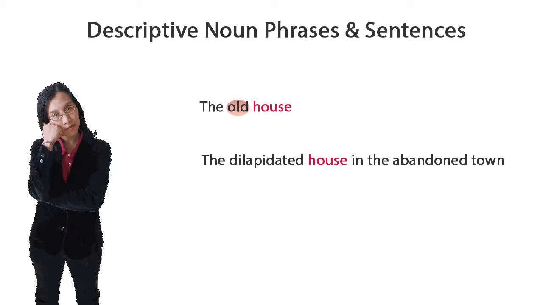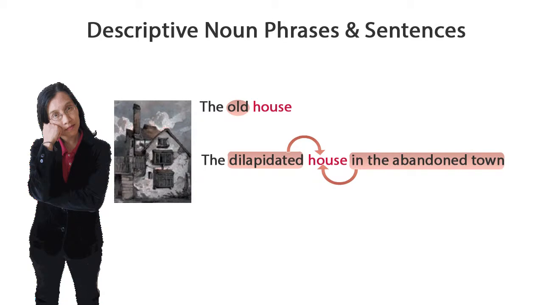As you can see, the writer changed the word old to dilapidated and added a prepositional phrase, in the abandoned town, to provide a specific location of the house. This new noun phrase is certainly more interesting than the old house.